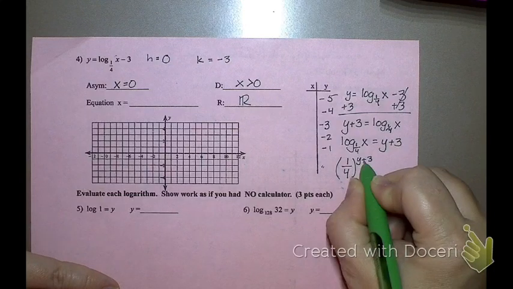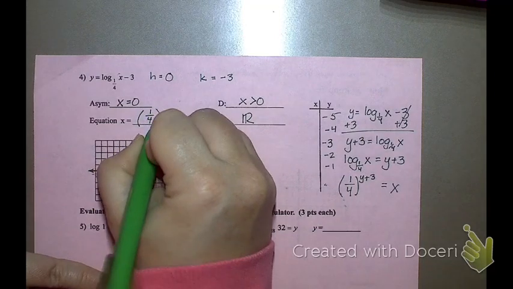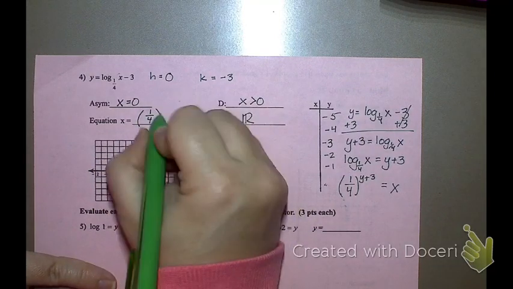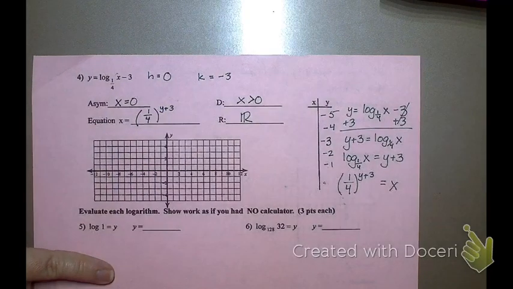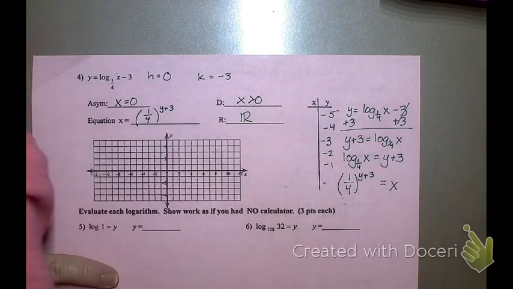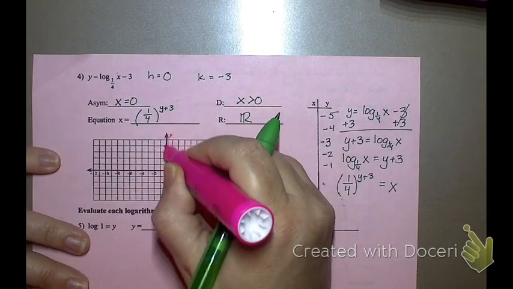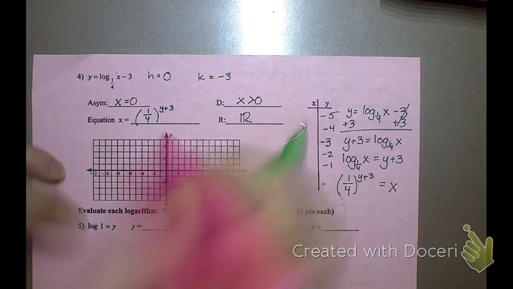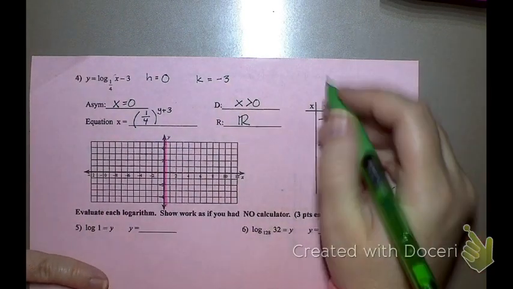So let's see, 1/4 to the y plus 3 equals x. So my equation here would be parentheses 1/4. Then you would press your exponent button and plug in y plus 3 on the exponent. Questions there? All right, my asymptote is at 0. And then, let me fill in your values here.